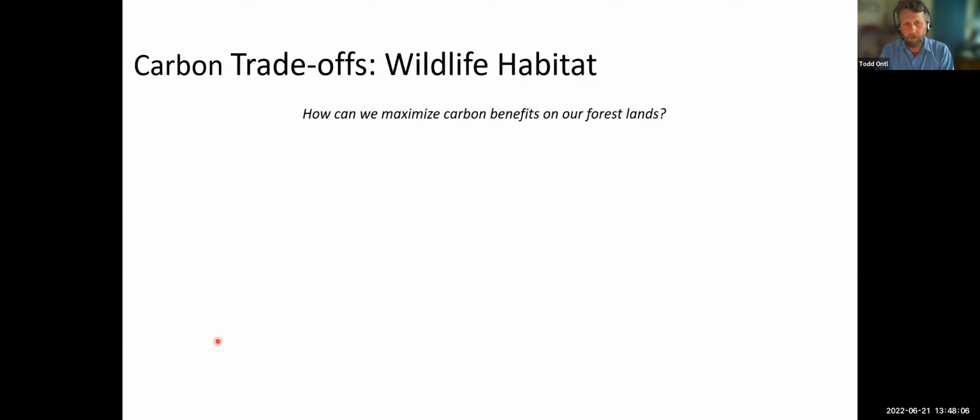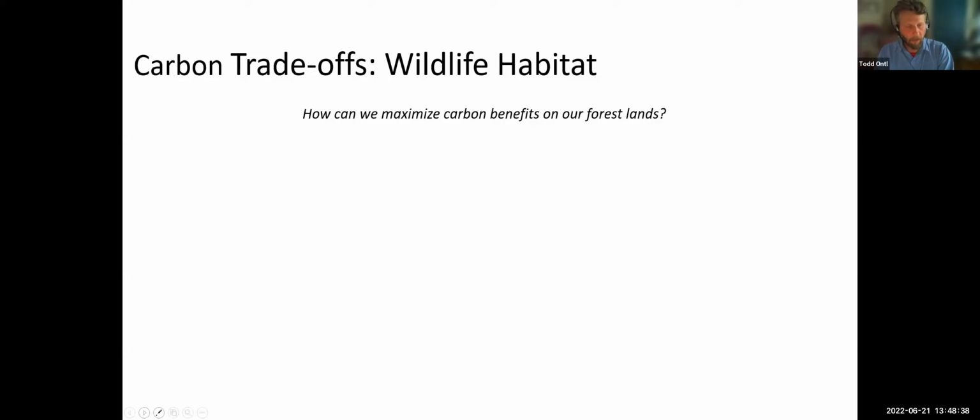And so sometimes people come to the topic of managing forests for carbon from a perspective of, well, we must be considering how we can maximize our carbon benefits on our forest lands. And for many, that is kind of a baseline of thinking: we want to get the most carbon mitigation value from these forests because of their importance as a natural climate solution.